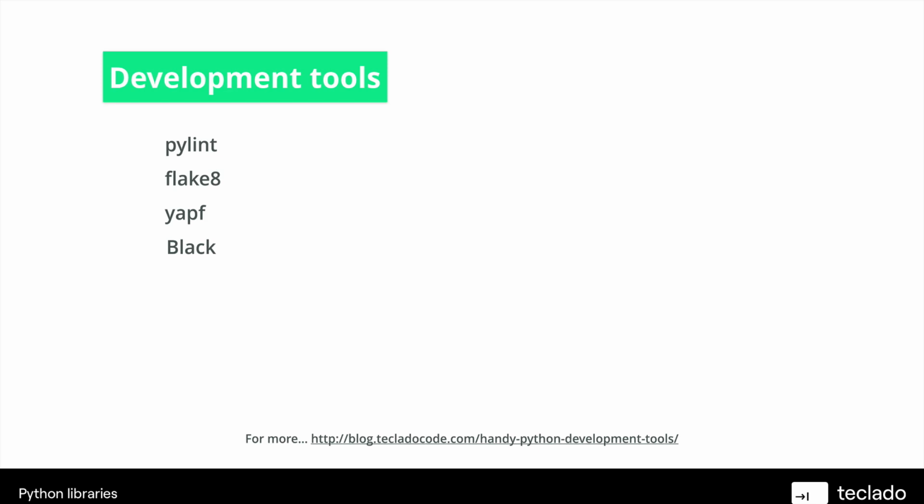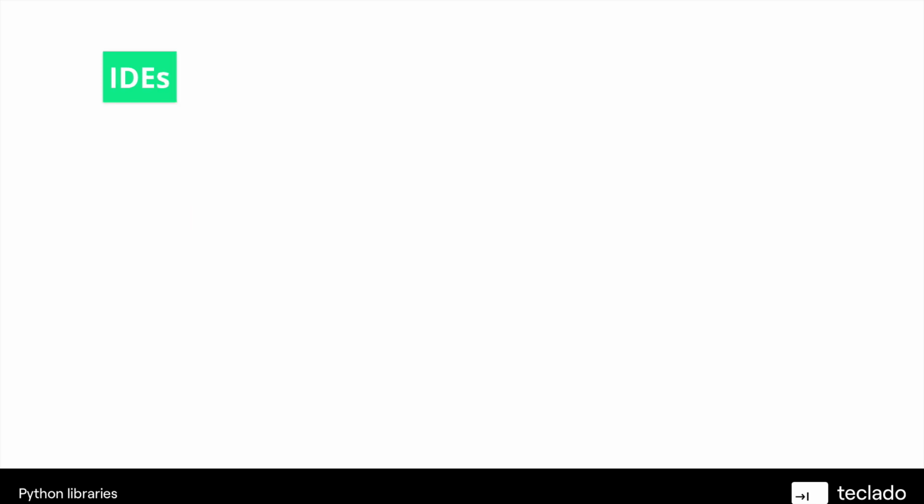Finally, something we didn't mention at the start, but there are a lot of IDEs, or integrated development environments, you can use with Python. The most popular one, the one we've been using, is PyCharm. PyCharm is made by JetBrains, and it's probably the most powerful IDE you can use in Python. It has a lot of nice features like run configurations, which allow you to run many different things from within PyCharm. It's got things like database connection handlers.